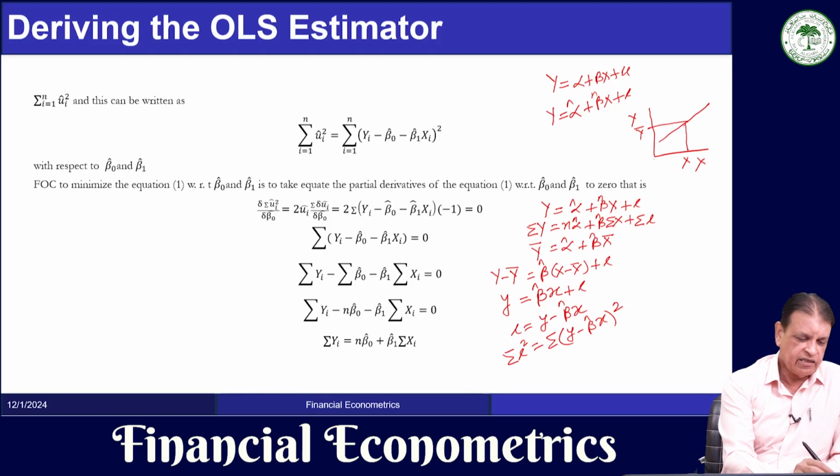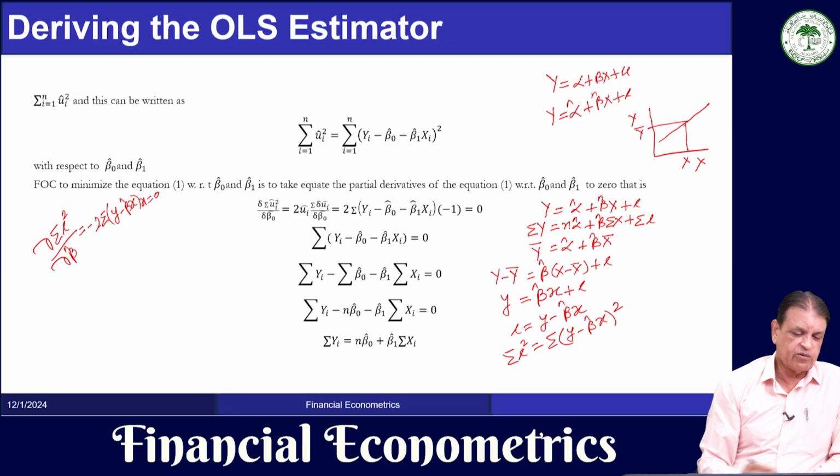So let us differentiate summation e square with respect to beta hat and equate it to 0. When you do that, we will get minus 2 summation of (small y minus beta hat small x) times x equal to 0. This is what you will get.